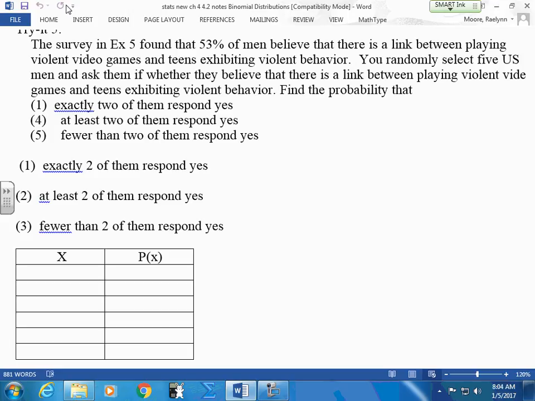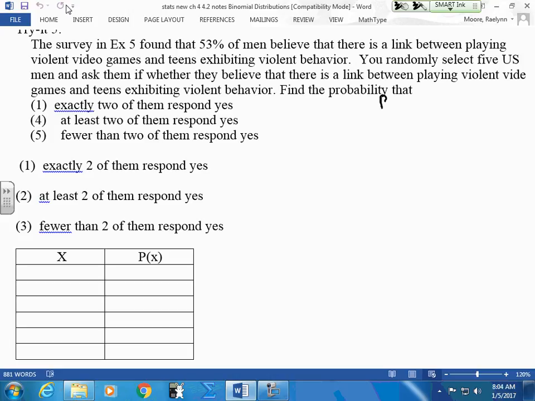Okay, so this is men, they changed it. They found 53% of the men believe there is a link versus the women one. So you randomly select 5 men and you ask them whether they believe there is a link between playing violent video games and teens exhibiting violent behavior. And again, this is just like we did yesterday with the women believing this.